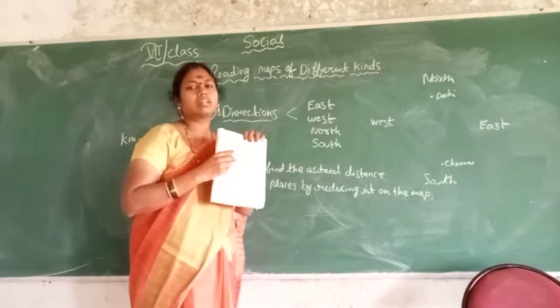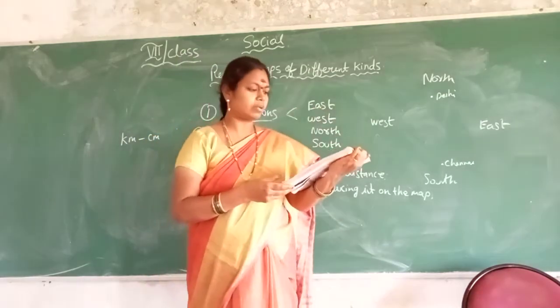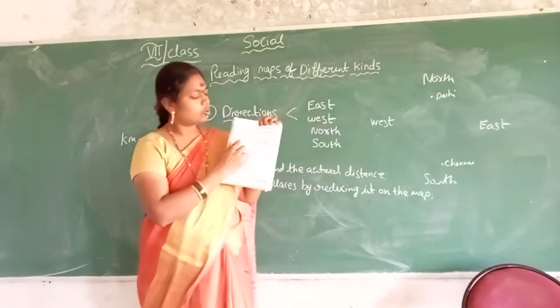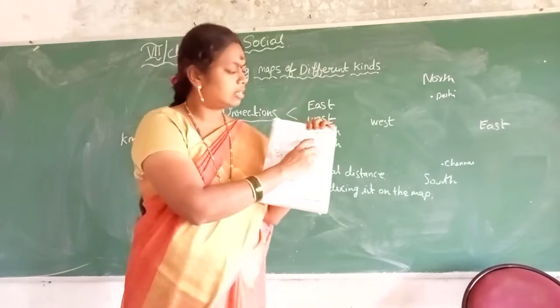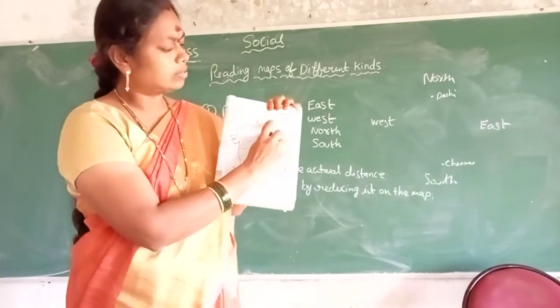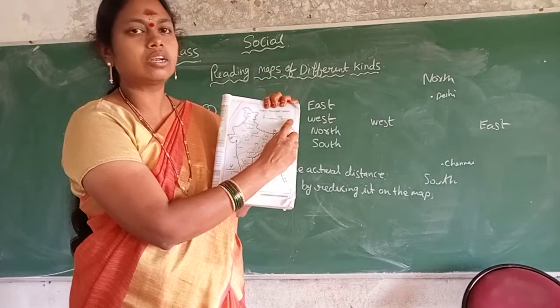For example, if you take this map on page number 3, here you can see the scale given: 1 centimeter is equal to 200 kilometers.